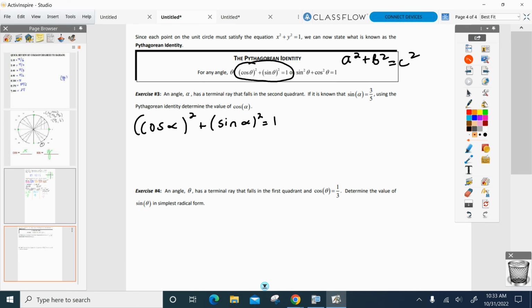The 3/5 is going in for the entire thing, not sine of 3/5. What do I plug right in that parenthesis? 3/5. The sine of alpha is 3/5, so I substitute it in for all of it. And you guys are going to help me find cosine alpha.